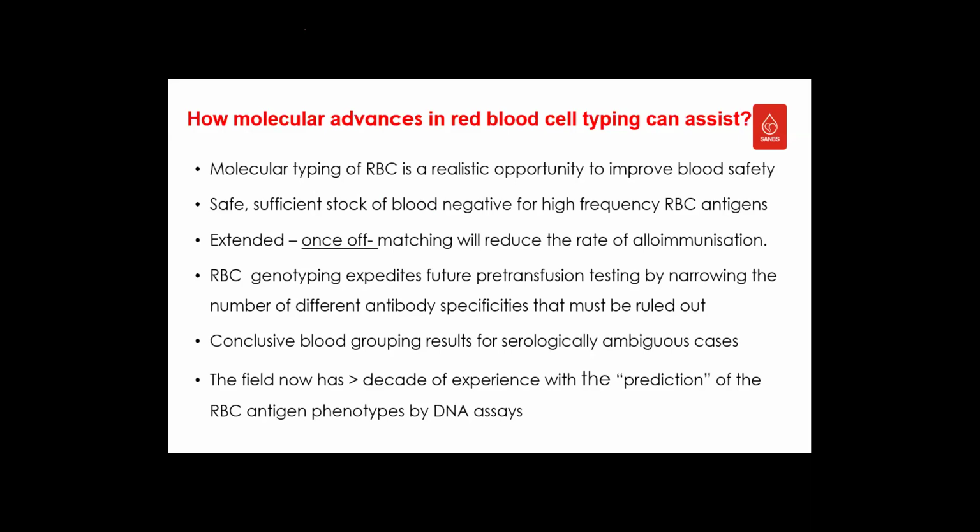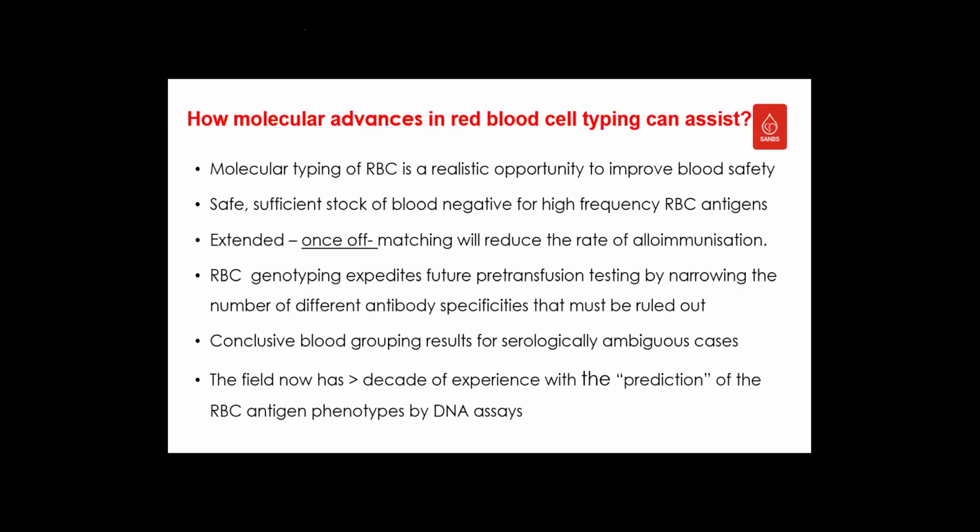One has to do this consistently in the patient populations that we serve, and ideally do this in both donors and patients. With molecular genotyping, you can build a safe, sufficient stock of blood negative for high frequency red blood cell antigens.